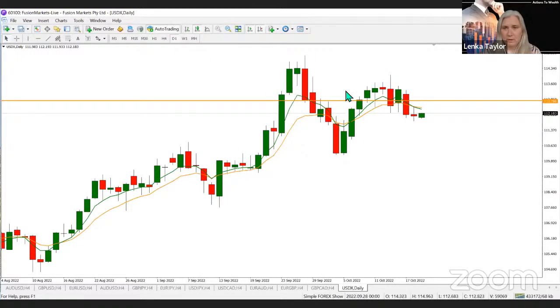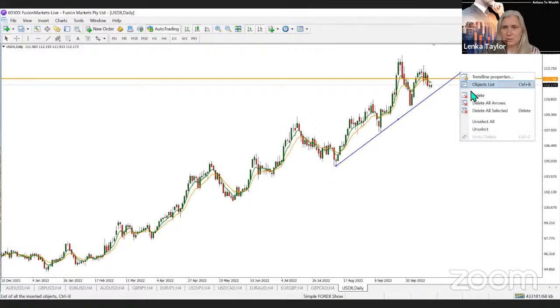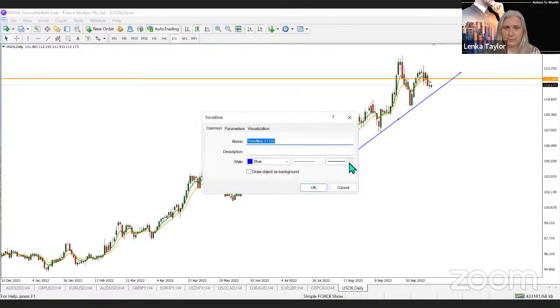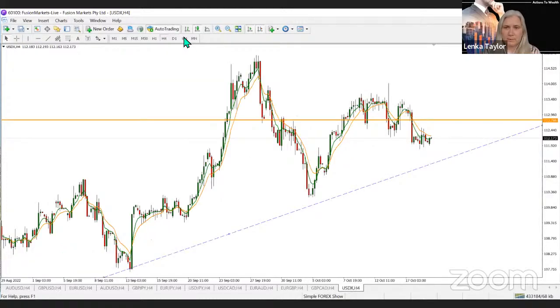We have a lower high. So that looks like it would continue in the downwards. But this last trend line, which way is that? Has not yet been broken.